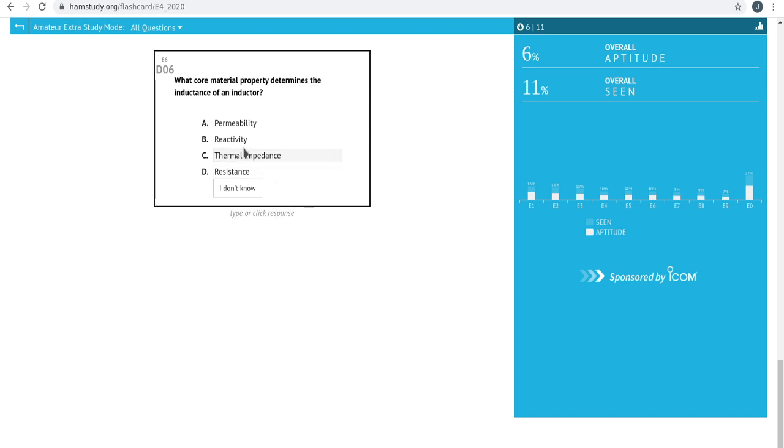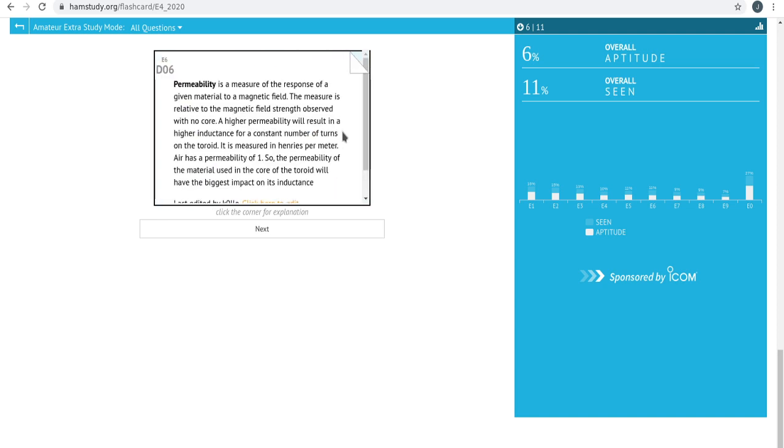I believe it's going to be B, and I am wrong. Let's go with C then. Nope. Last one I pick is permeability, and that is the right answer.